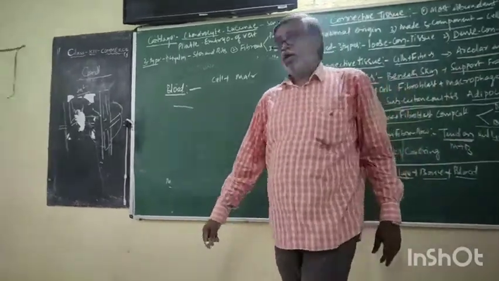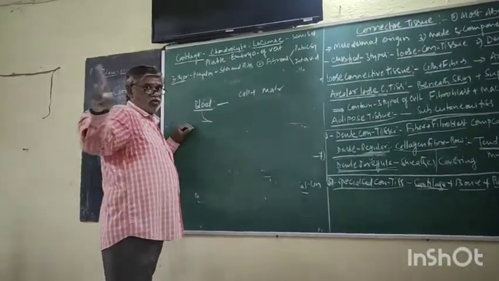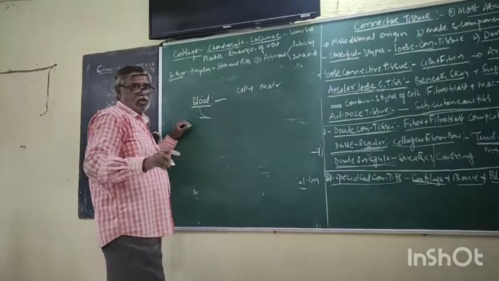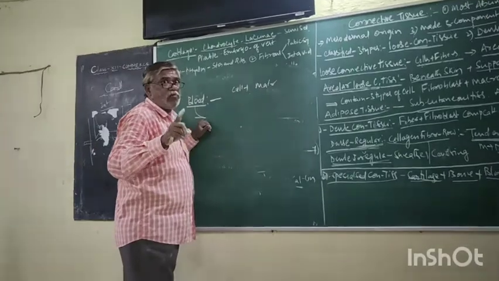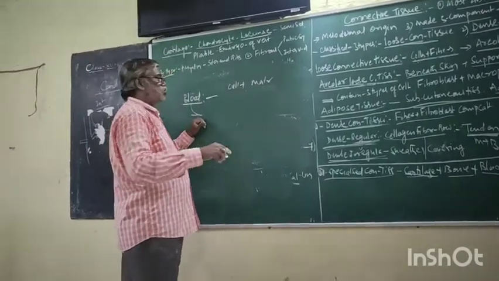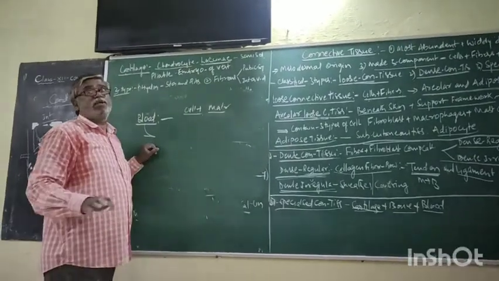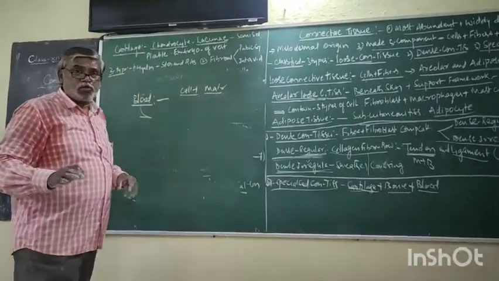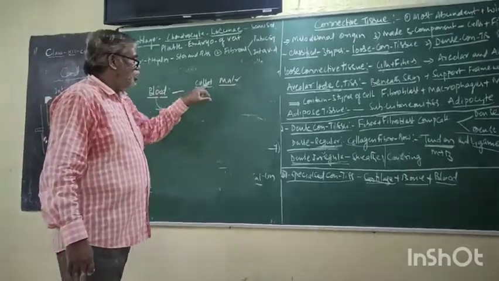But blood, even though it is a connective tissue, most important, only blood is fiberless connective tissue. That means it is made with only two components. There are no fibers. Name the connective tissue without fiber. That is blood.